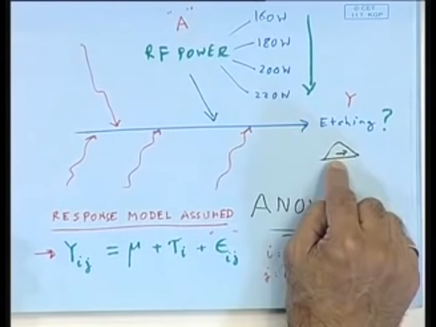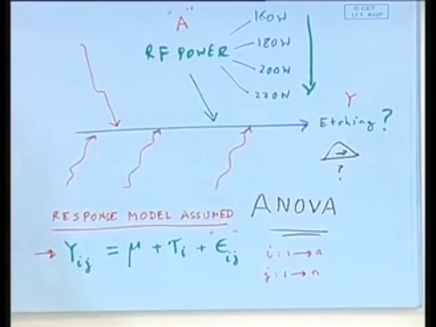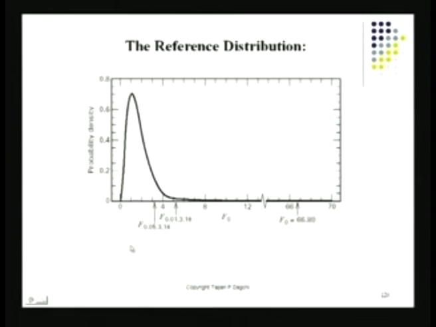On this diagram, I compare the calculated value to the critical theoretical values of F. This is way to the right-hand side, really in the rejection region. And therefore, I would say that RF power indeed has a significant effect on etching. That's one of the things I wanted to establish empirically.